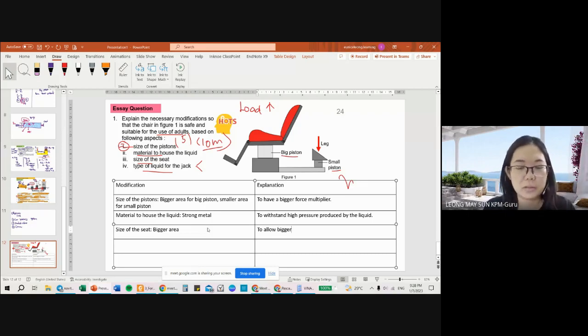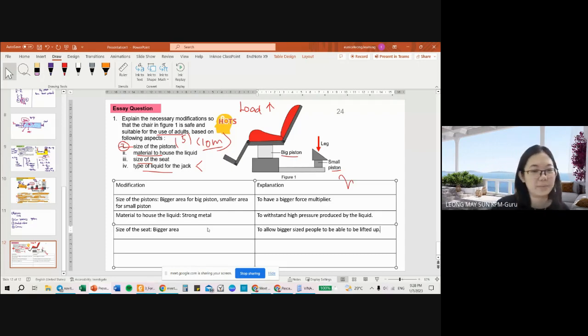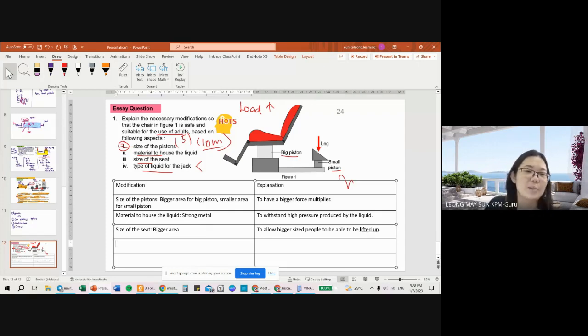Okay, I'm just going to use bigger size. Size of the seat, bigger area to allow bigger sized people to be able to be lifted up. I'm trying to write so that it doesn't really sound so offensive.